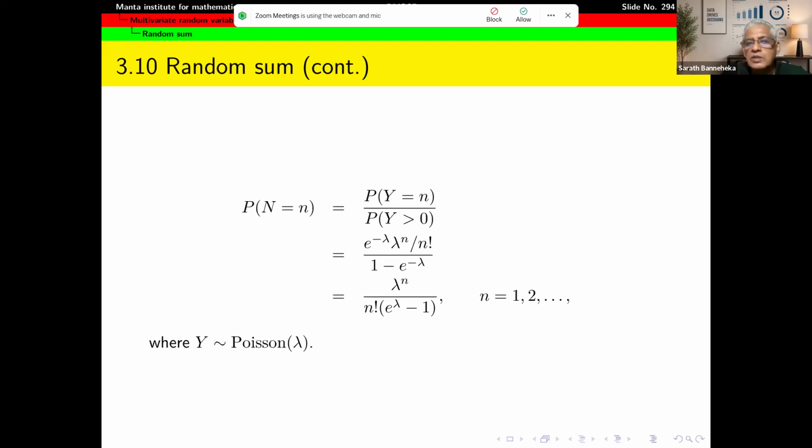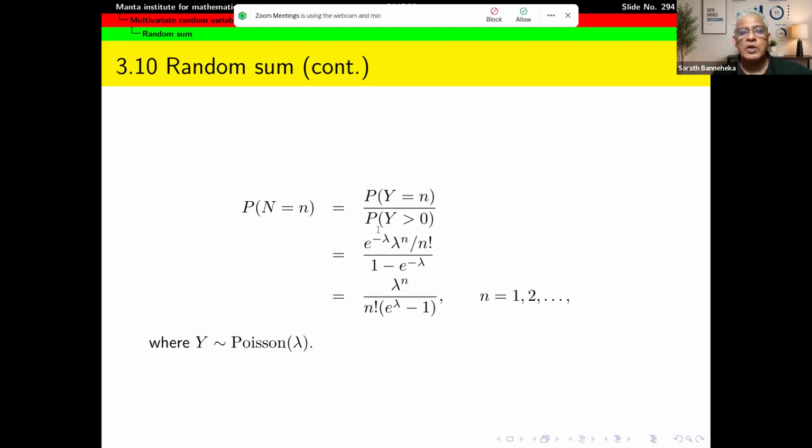But in order to consider the zero-truncated Poisson distribution, we have to consider only the possibilities 1, 2, 3 up to infinity. So the probability that n is equal to small n is not directly equal to the probability y equal to n, where y has a Poisson distribution with lambda. You have to normalize it by dividing by the probability that y is greater than 0. Then this whole thing will give you a real probability mass function.